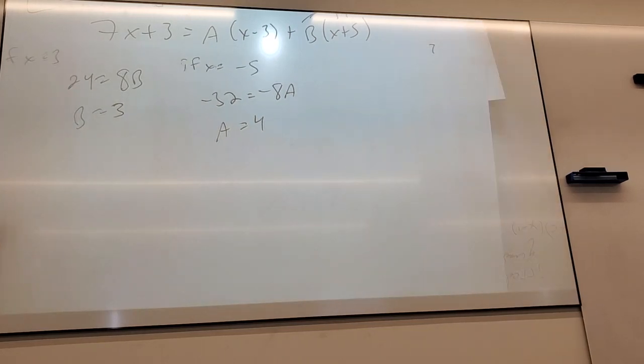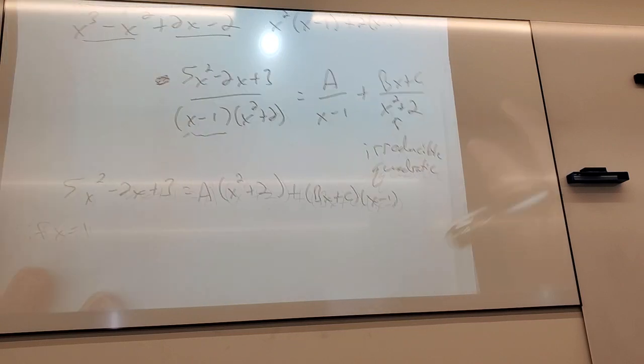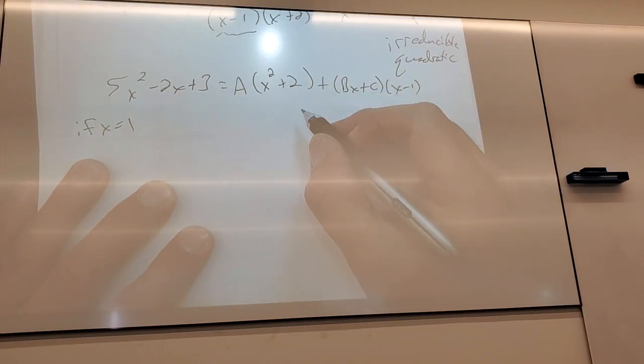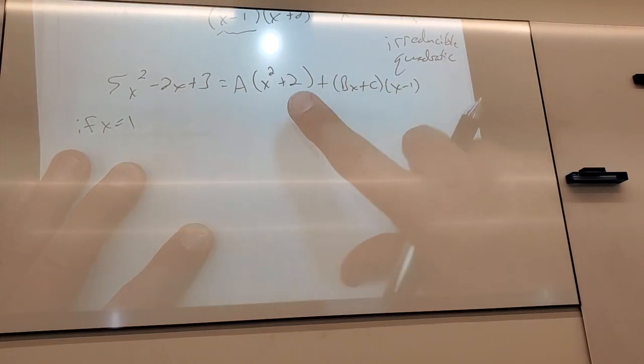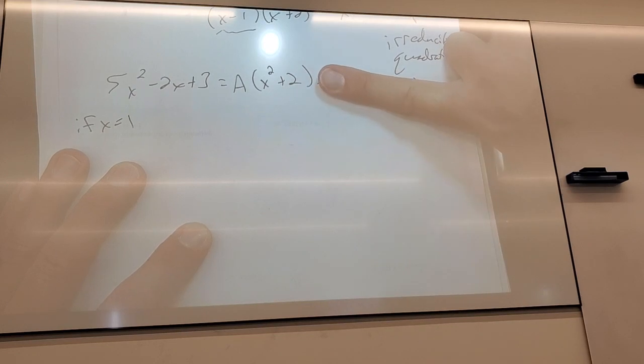Okay. So on this problem, which I have put somewhere else now, if I let x equal 1, all that goes away, and I can figure out what A is.